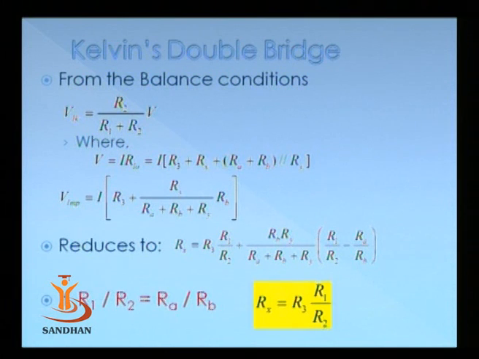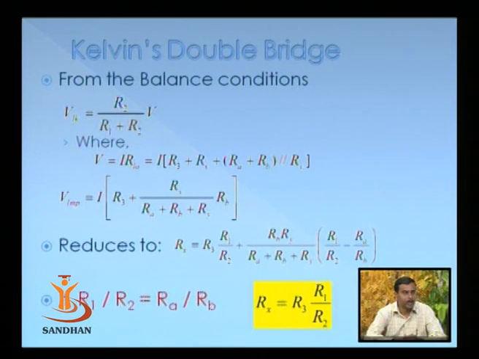So this particular resistor appears in this condition. So VLMP gets the value of I multiplied by R3 plus Ry upon Ra plus Rb plus Ry, that is the parallel resistance of Ra, Rb and Ry, multiplied by Rb. So this is the voltage drop across the loop, VLMP.